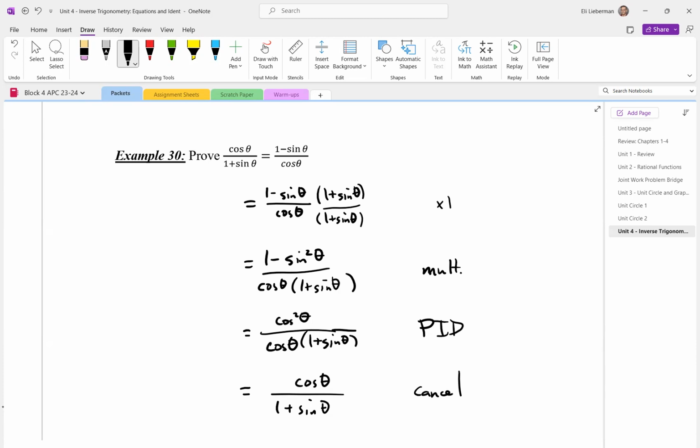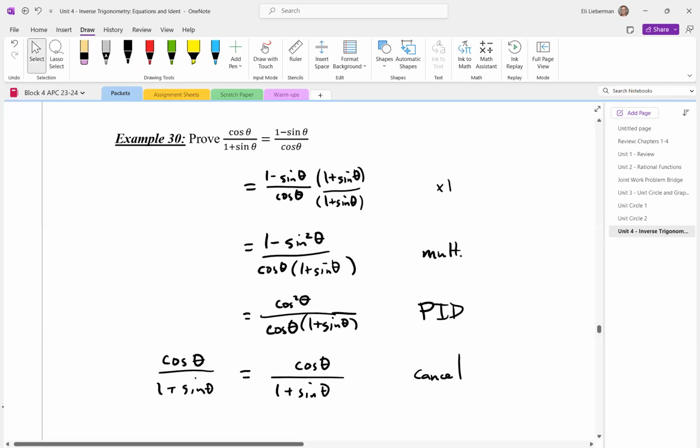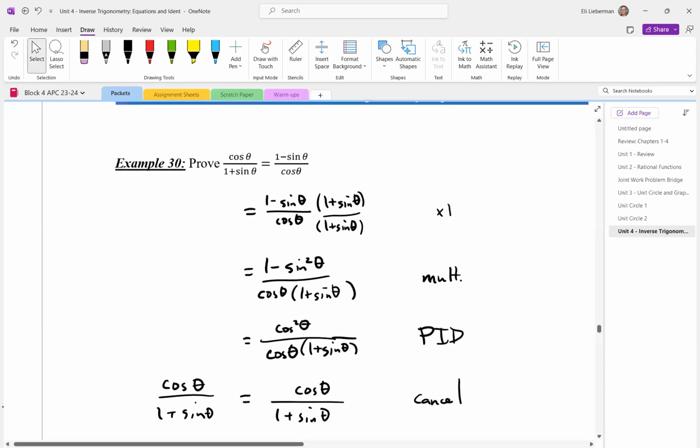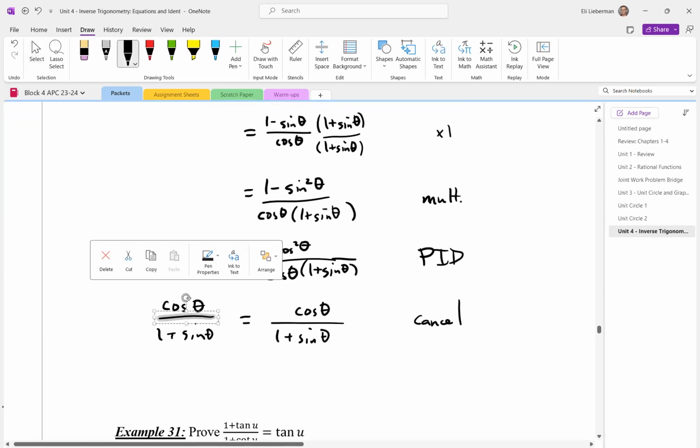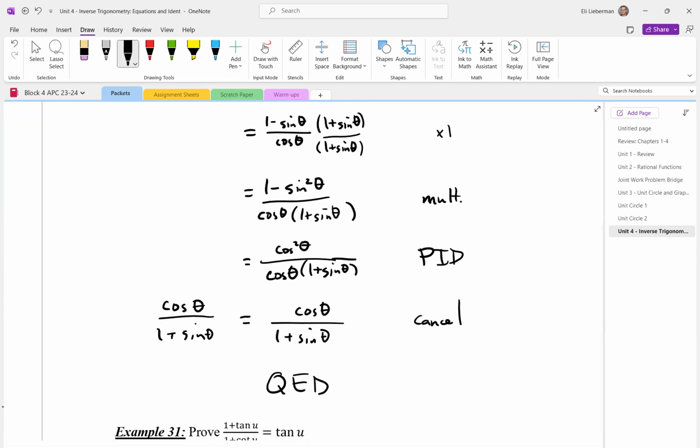What do we do next? You leave it because it matches the left side. All right, we're done. So the first problem is an identity. We just proved that it works for any theta, but please don't memorize it. And now, what 3 letters? Q, E, D. Yay.